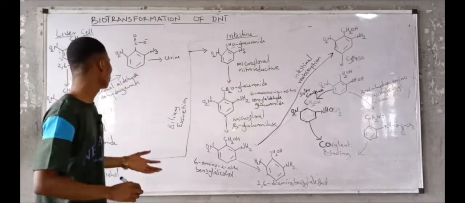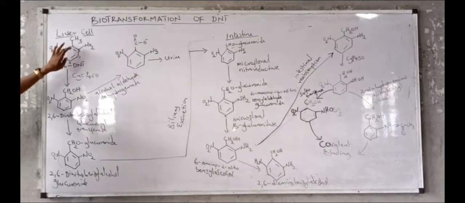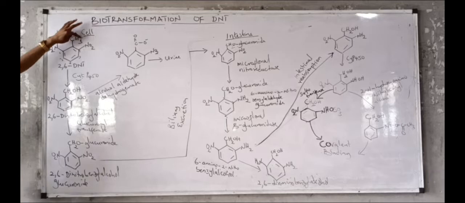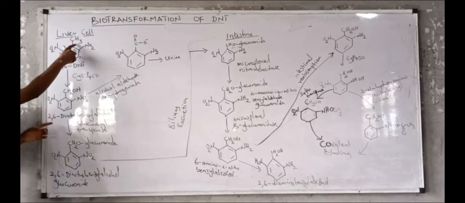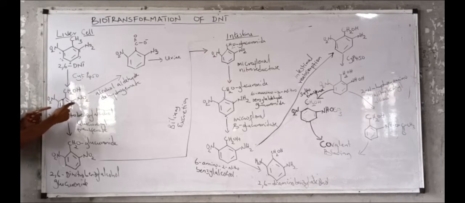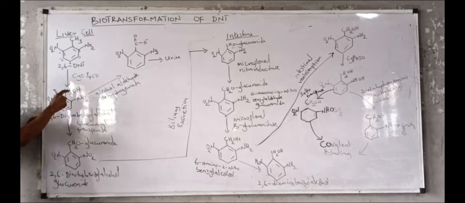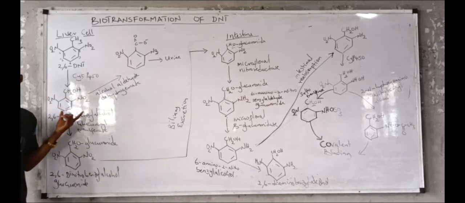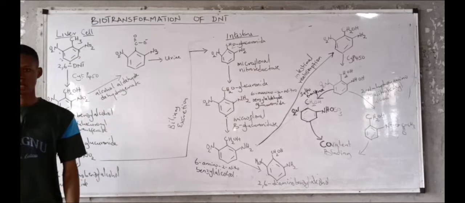Now in the liver, cytochrome P450 will first of all hydroxylate this, add hydroxy group to this, and it is no longer toluene, but what we are now having is benzyl alcohol. So we'll be having 2,6-dinitro-benzyl alcohol. Now, after that, this 2,6-dinitro-benzyl alcohol can have two fates.